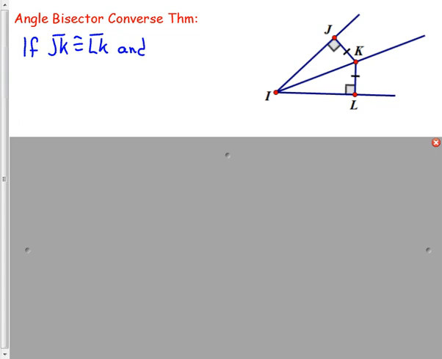So JK is perpendicular to JI, and KL is perpendicular to LI.